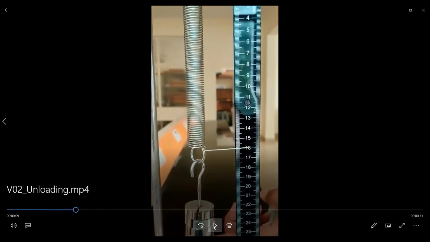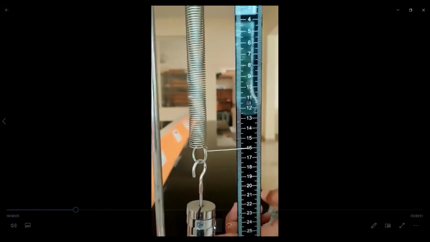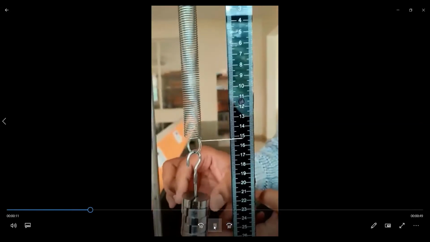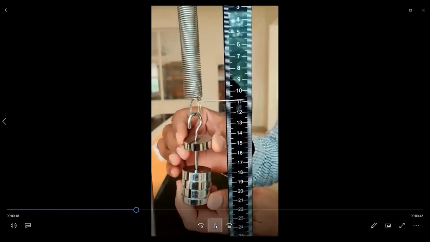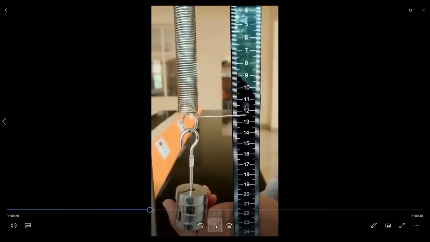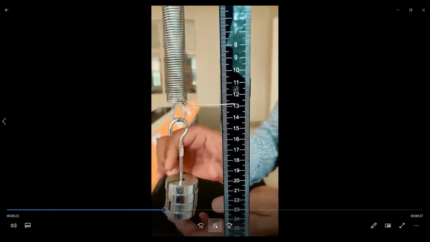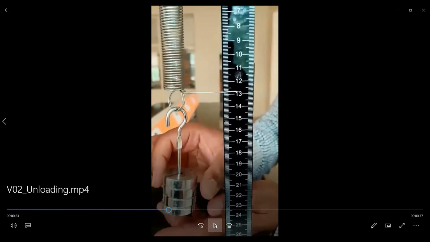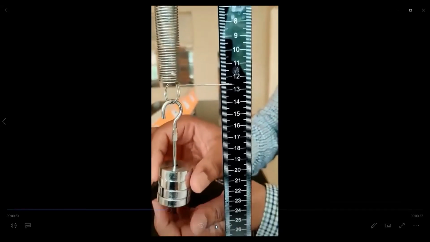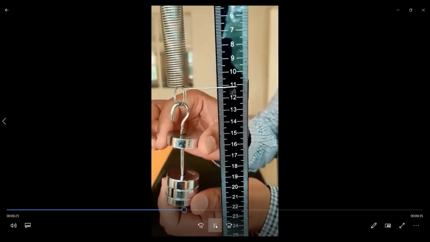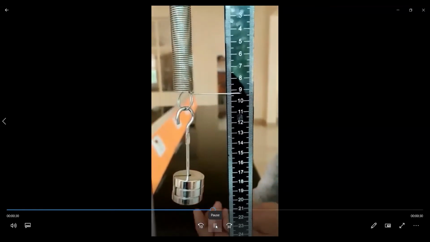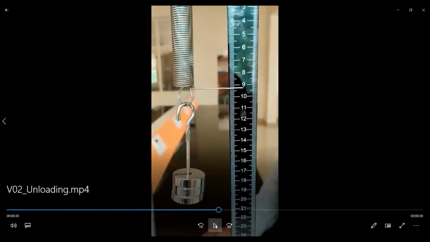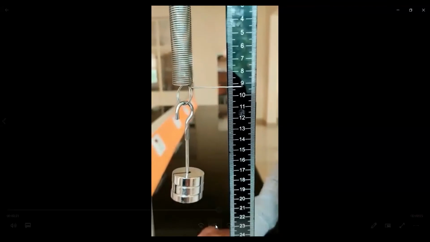Record the extension for 250 gram force. 200 gram force. Extension for 150 gram force.